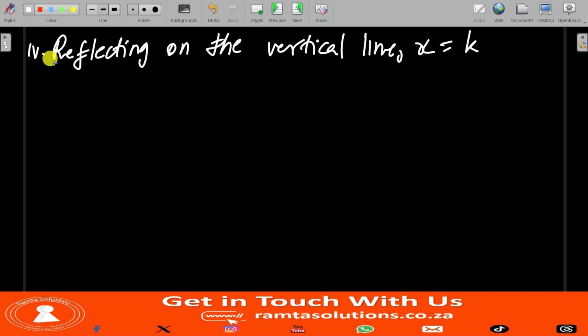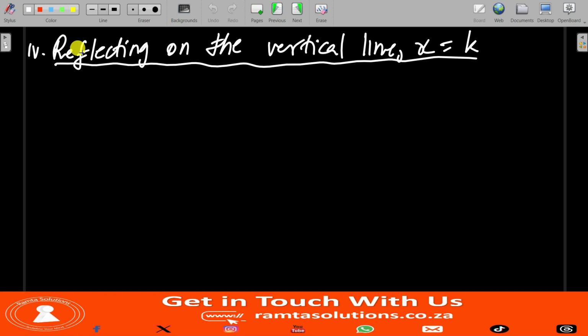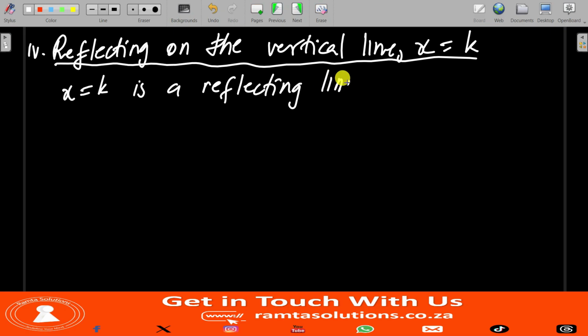Here, x equals k is the reflecting line. x is no longer 0.